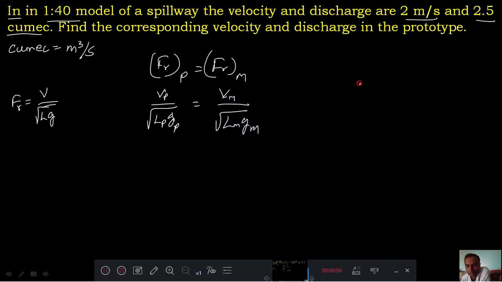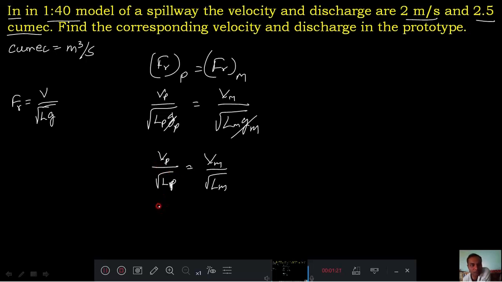But here the model and prototype are both on the earth, and the acceleration due to gravity is the same for both, therefore these two will get cancelled, and what you will get is Vp by root Lp equal to Vm by root Lm.